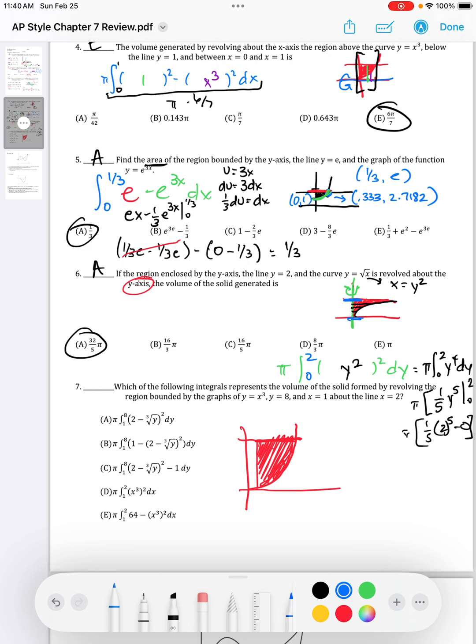My picture is not drawn to scale very well. It's going to go around this line right here. Because this point right here with y equals 8 is going to be 2, 8. X equals 1, this would be a point of 1, 1. And then this point right up here is going to be 1, 8.